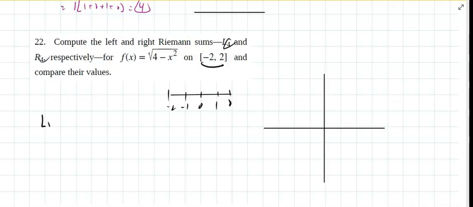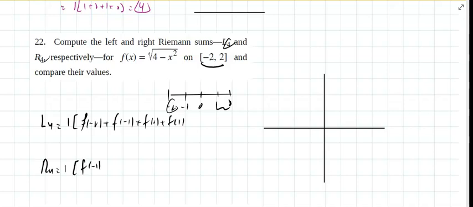When I say let's find L sub 4, that's going to be 1 times f of negative 2, plus f of negative 1, plus f of 0, plus f of 1 on the last interval. And when I do R sub 4, that's going to be 1 times f of negative 1, the right endpoint of each of those, plus f of 0, plus f of 1, plus f of 2.